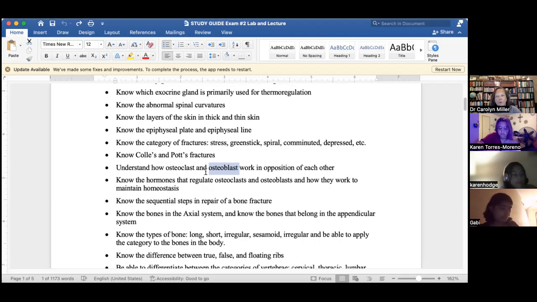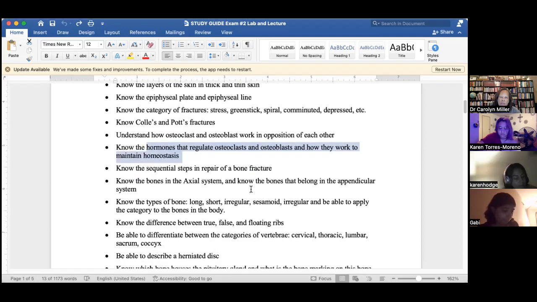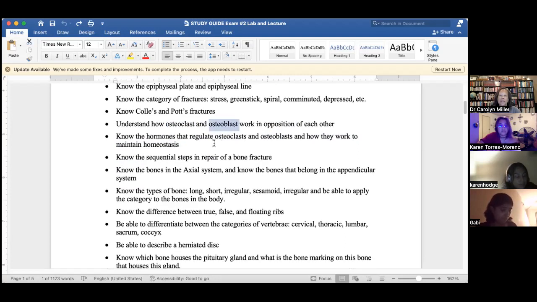Know the hormones, I just gave you those, that regulate osteoclasts and osteoblasts and how they work to maintain homeostasis. I'm glad I can't remember this question because I'd end up using it as an example. But again, you're looking for opposition and you're knowing which one affects clast activity and which hormone affects blast activity.